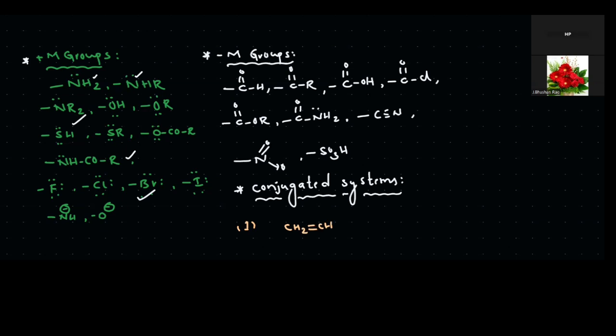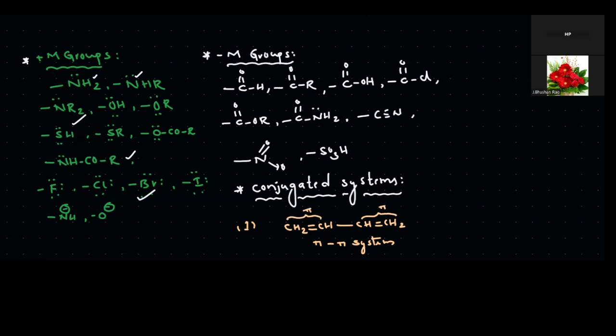Here this is an example of a pi bond, and this is also another pi bond. This kind of conjugated system is a pi bond system only. Here one pi bond, and here also one pi bond.